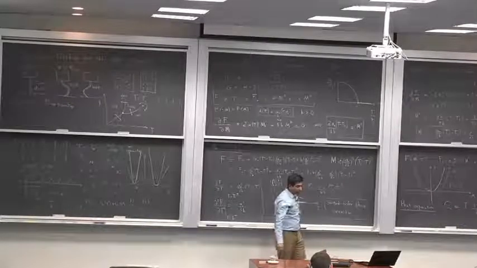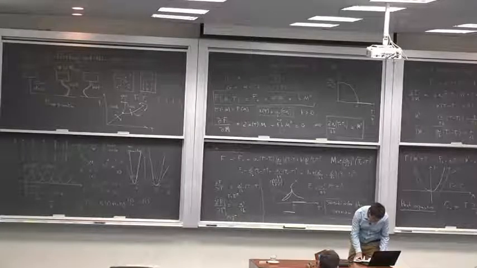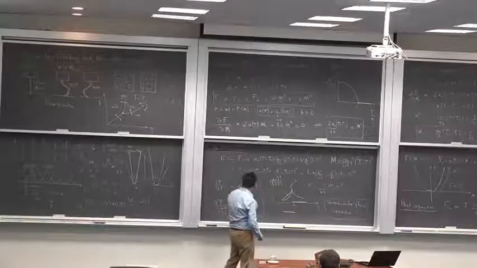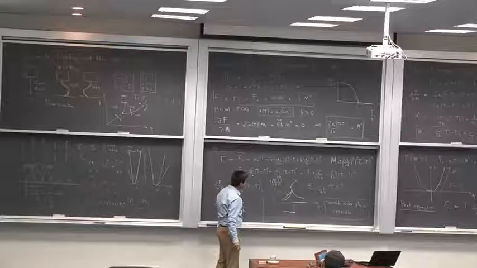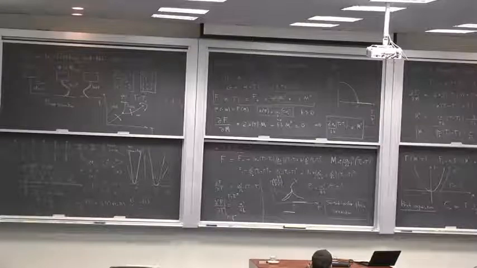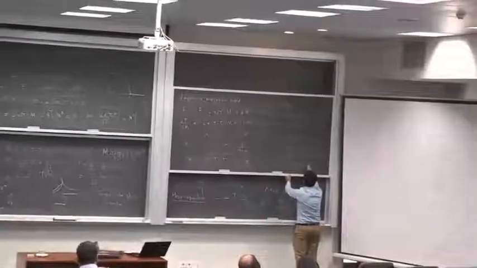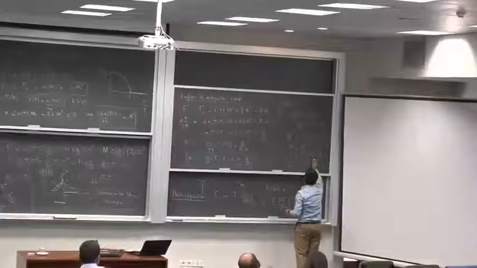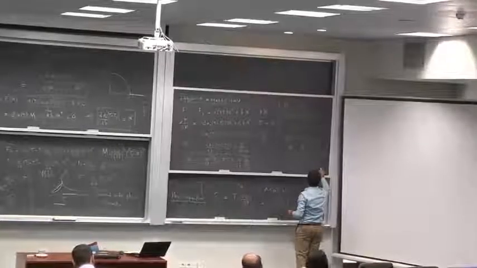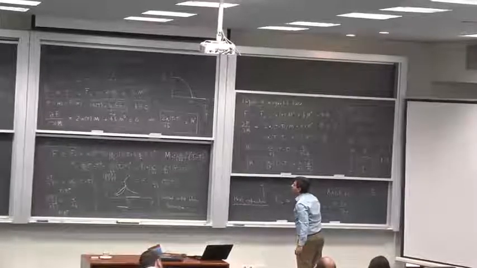Now let me show you some plots of the heat capacities that have been determined experimentally. And from here we also observe that in the vicinity of just below the Curie point, this heat capacity varies as (Tc minus T) to the power gamma, where gamma is now equal to 1.